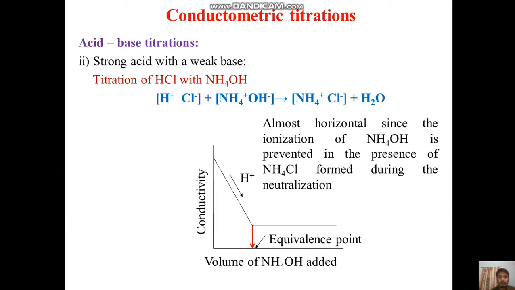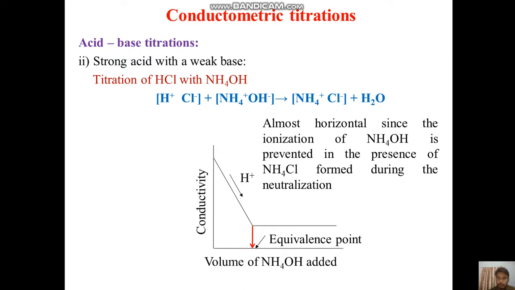And then we have strong acid with weak base. The first one we took was strong acid with strong base. Now we are taking strong acid with weak base. For that we are taking HCl and next ammonium hydroxide. Here you can see the reaction.